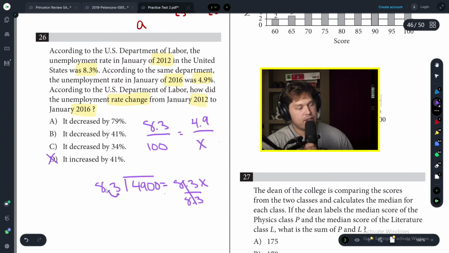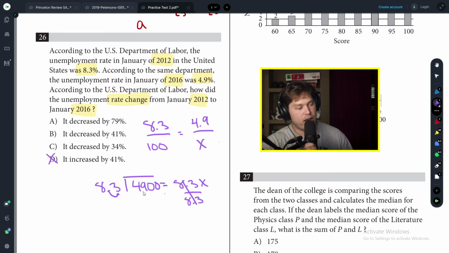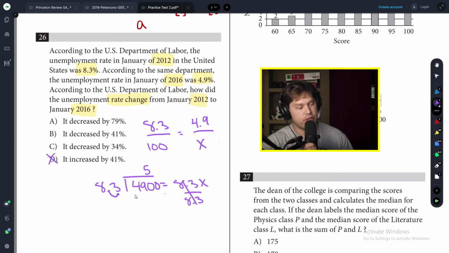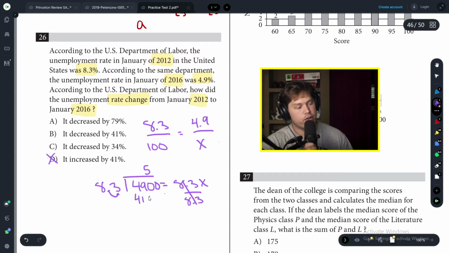So how many times does 83 go into 490? Well, it'll go in 5 times, as 5 times 80 is 400, and 5 times 3 is 15. So this will be 415. Then you subtract. You have 75 left over, and bring down your 0.